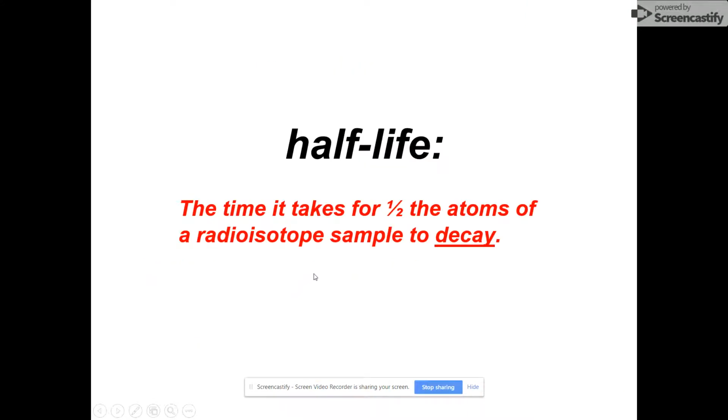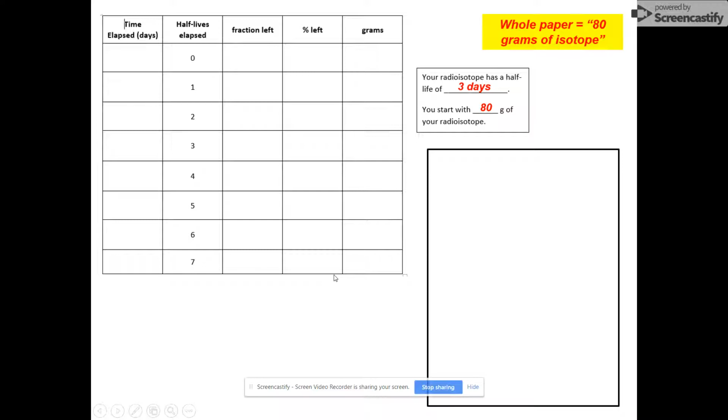Half-life. You learned about it in earth science. Here's just a little one-sentence recap. Half-life is the time it takes for half the atoms in a radioisotope sample to decay. Here's what we're going to do. You've got a little chart on a half sheet of paper, and hopefully you've got probably a pink piece of 8.5 by 11 paper.